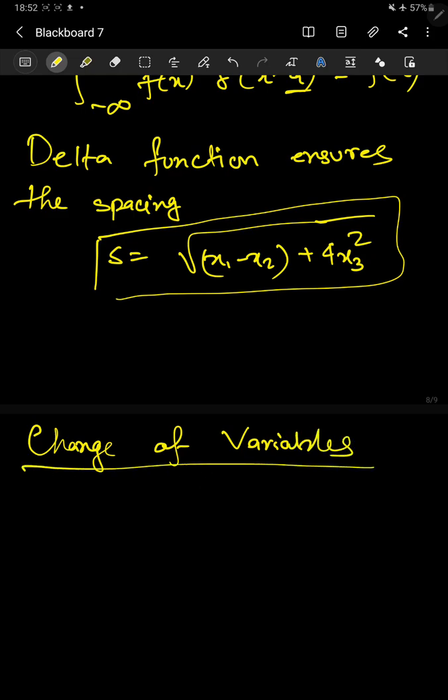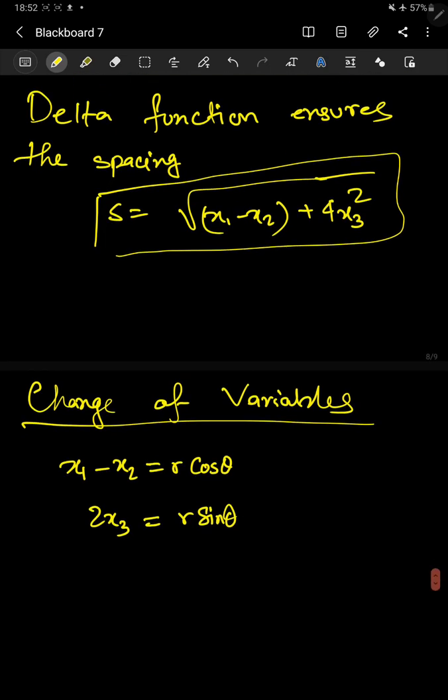So we need a change of variables, and we turn it into an integration involving only s. So how do we change it? Let's say we move to polar coordinates, or spherical coordinates to be more precise.